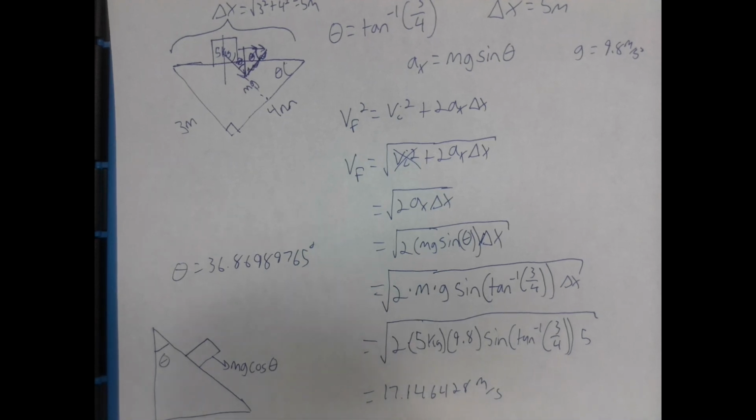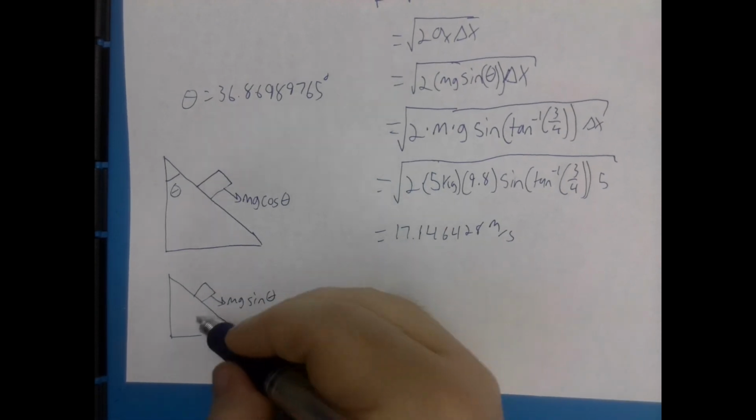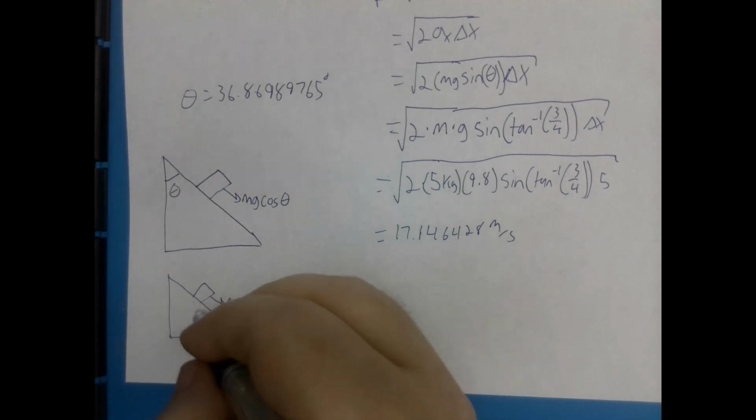And if I did this angle here, then it's mg sine of theta. You just have to realize when you switch angles, you have to keep making right triangles and figure out where theta is.